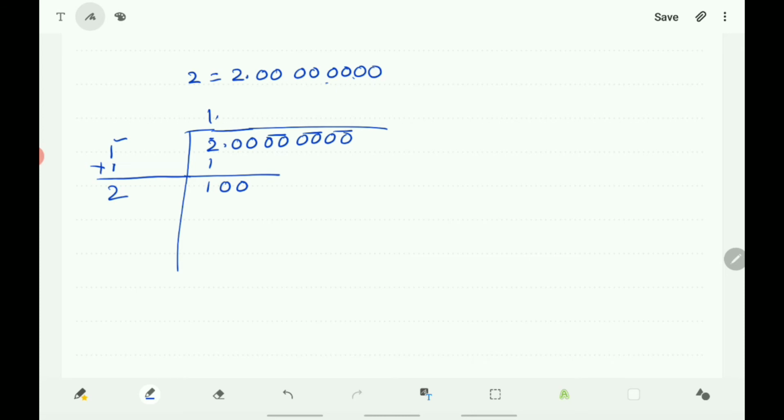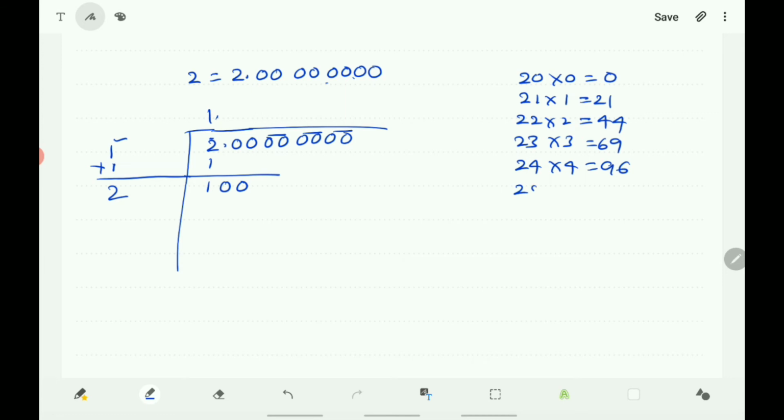And again take the digit in front of the 2 and multiply by the same digit: 20 into 0 is 0. Next 21 into 1, 21. 22 into 2, that is 44. 23 into 3, that is 69. 24 into 4, 96. 25 into 5, that is 125.